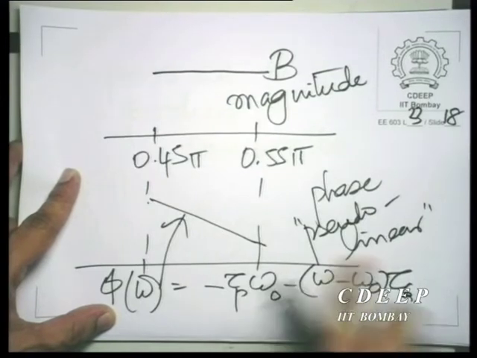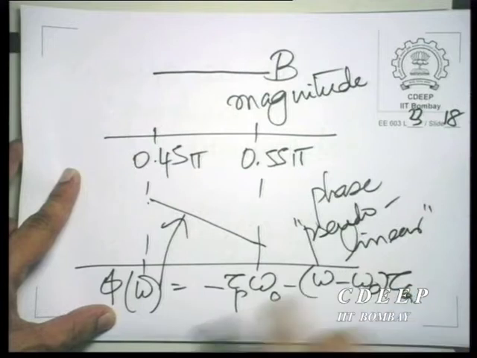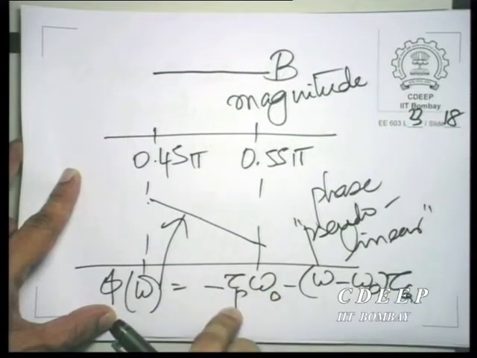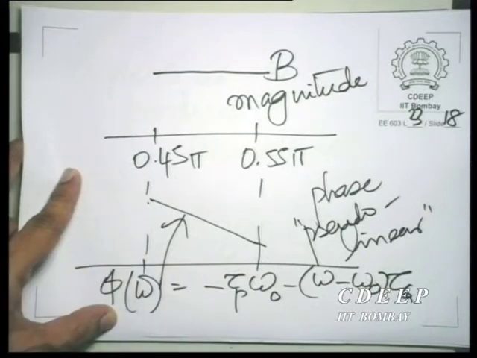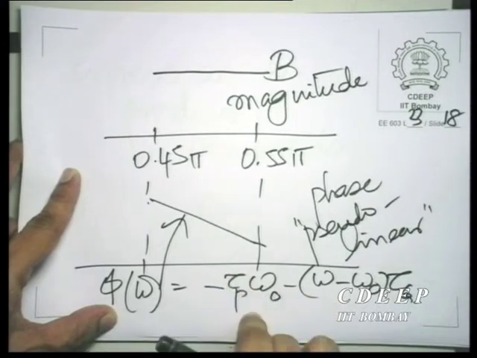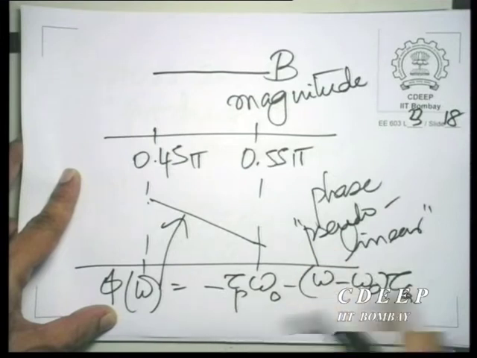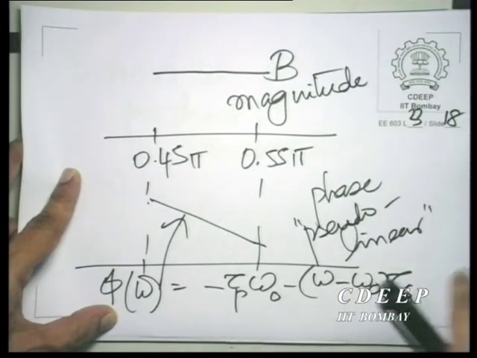So, this is the first term of the Taylor series. This is essentially the derivative of the phase, and this is the 0th term or the constant term in the Taylor series, which is essentially the value of the function at that point. So, you can always divide that value by omega naught and call that tau p. The phase at omega naught divided by omega naught is called the phase delay, and the derivative of the phase at omega equal to omega naught is called the group delay.